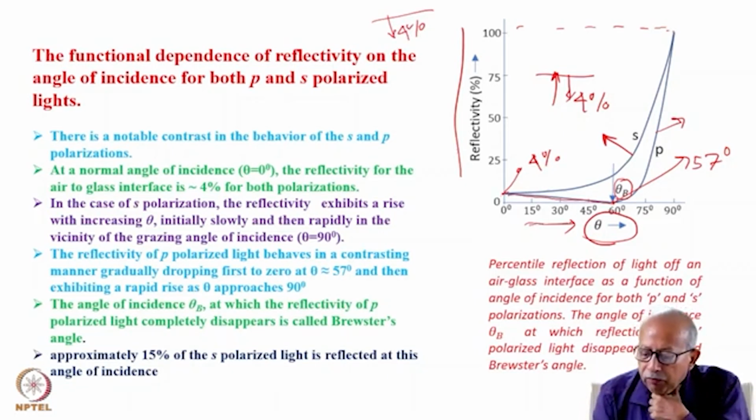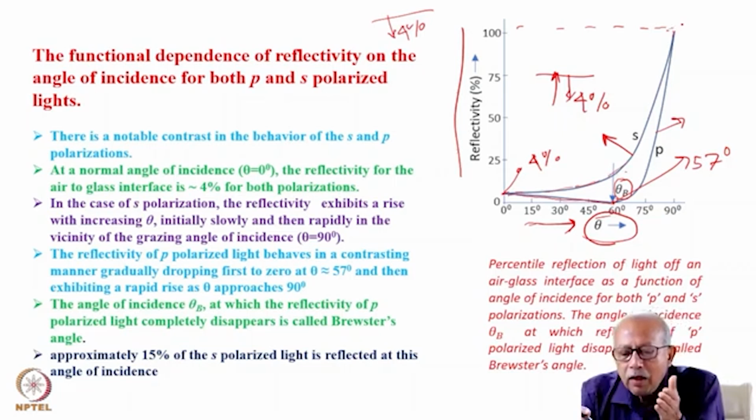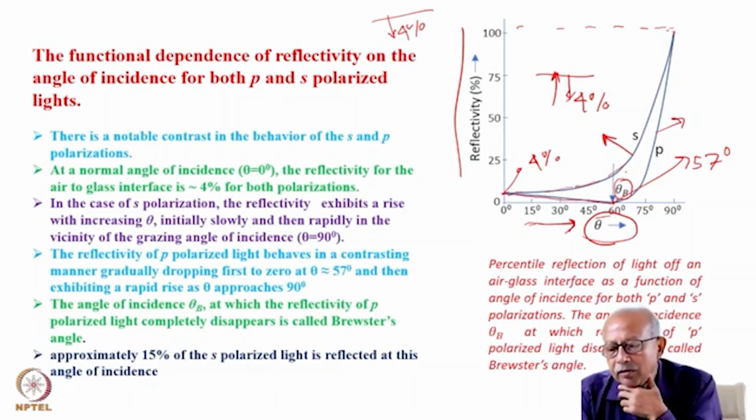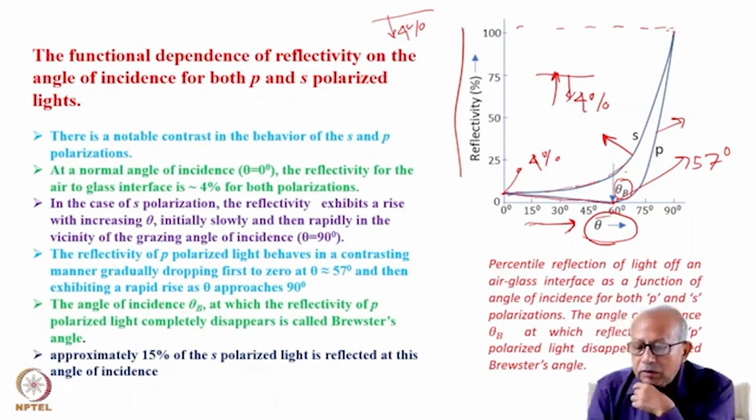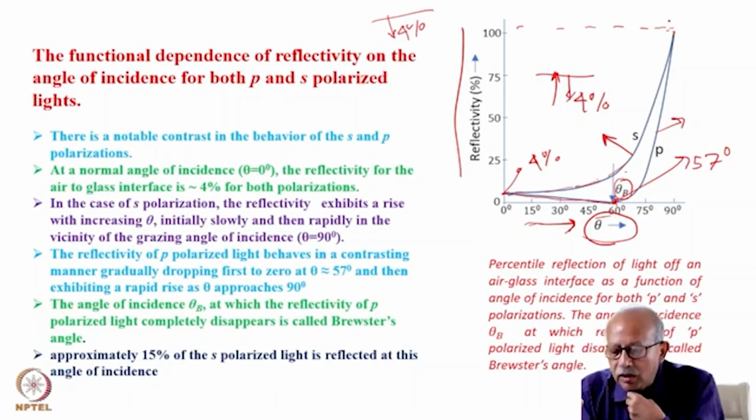Now as the angle of incidence increases, the reflection increases initially a little slowly, then rapidly, and eventually reaches, understandably, 100% at grazing angle. But what is important is that S polarization always increases with angle of incidence, and P polarization first reduces, goes to 0, and then increases with angle of incidence.